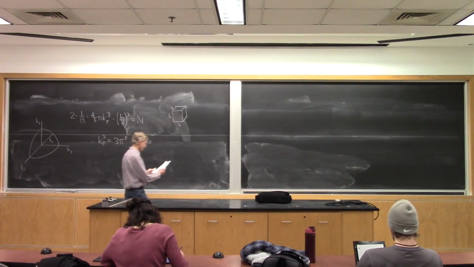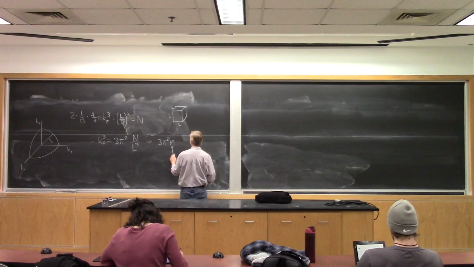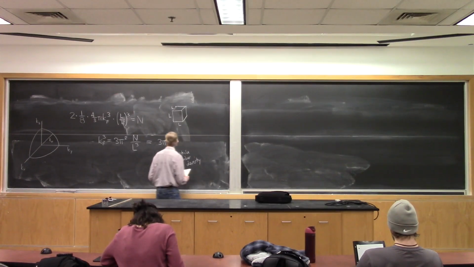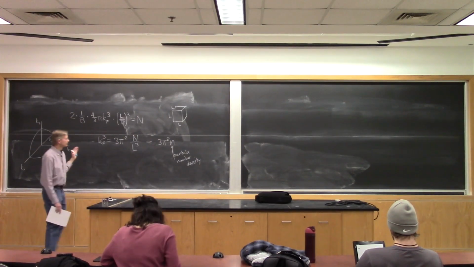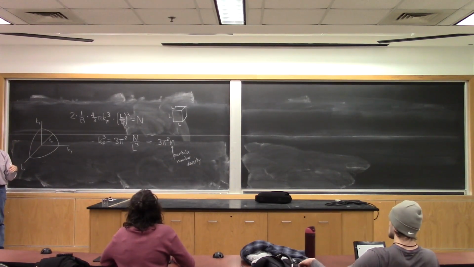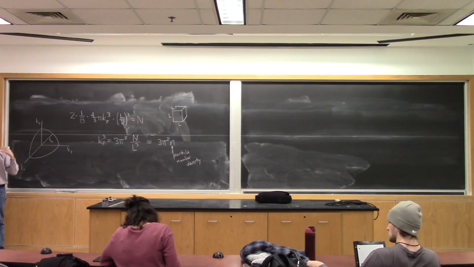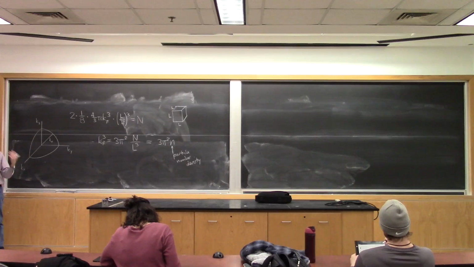So we could say that this is equal to 3 pi squared times little n, where little n is the particle number density. So notice that it just depends on that ratio. It doesn't depend separately on the number of particles and the volume of the box. It depends on the number density.